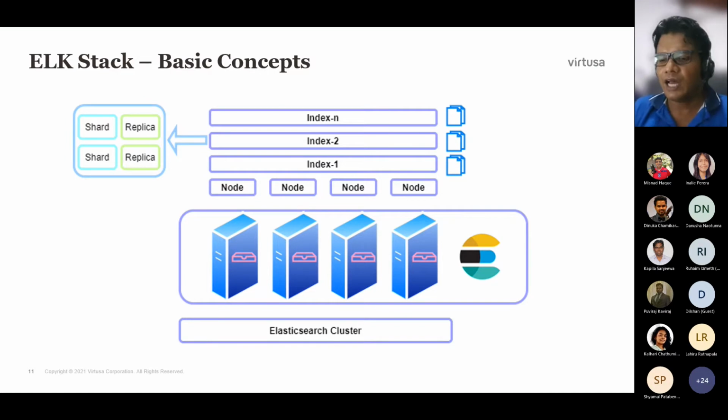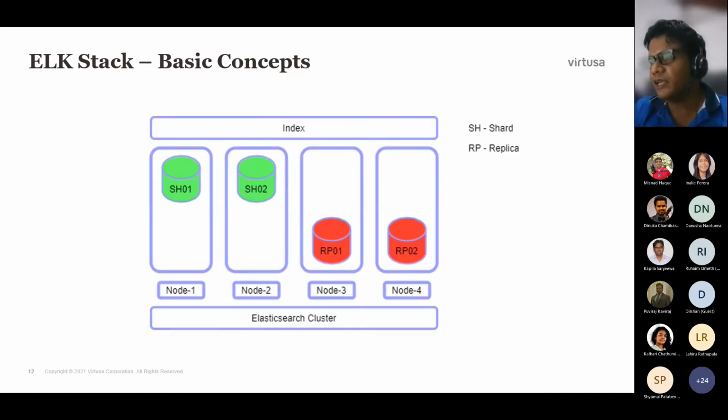I'll go to another slide. This is how the shards spread across. There is one index. Assume this is a WebLogic application logs index with two shards, and the shards are spread across two nodes in the cluster.